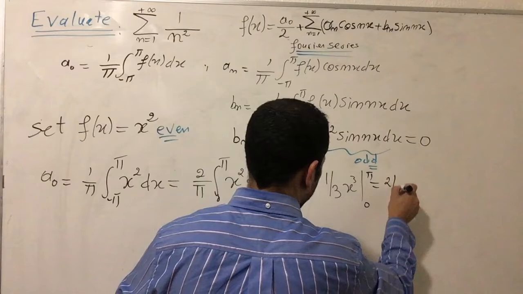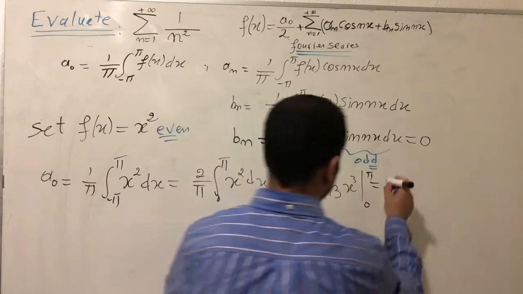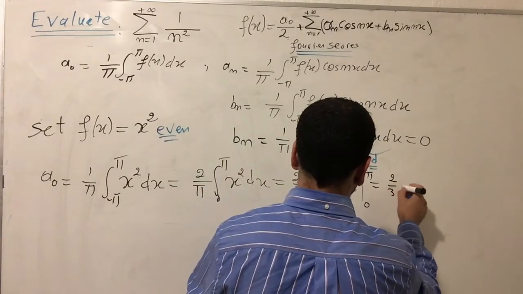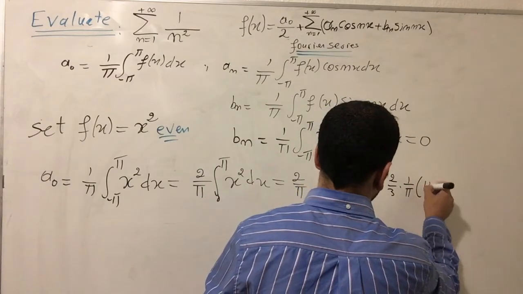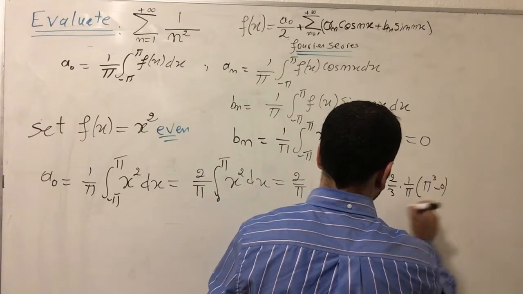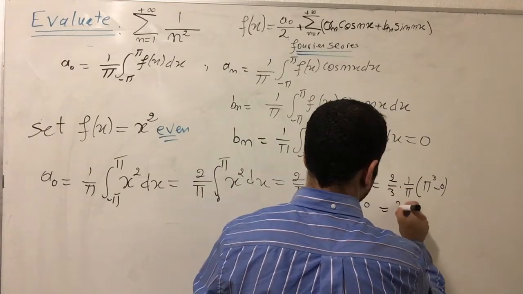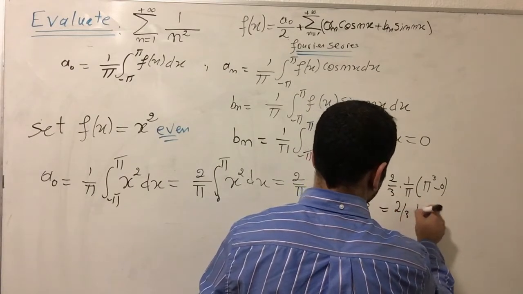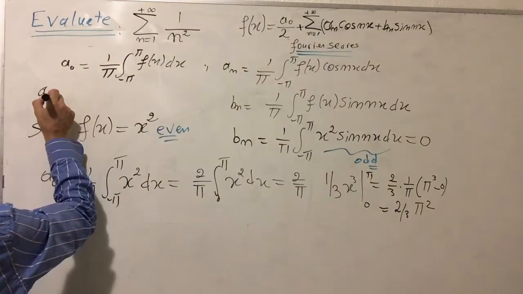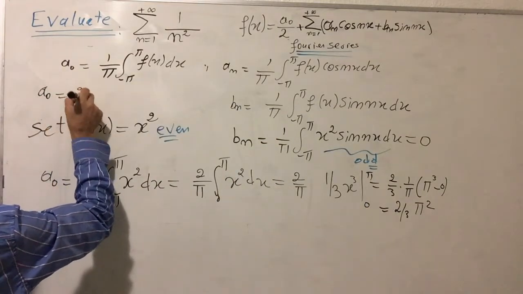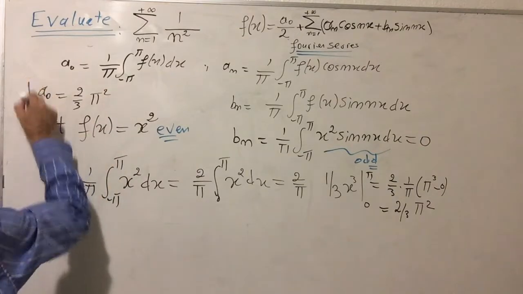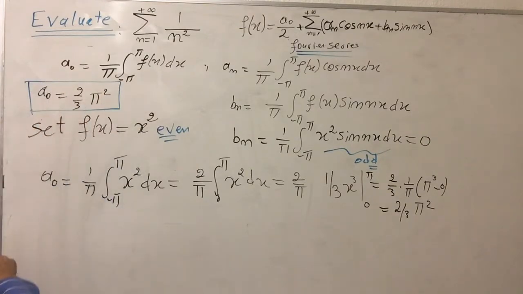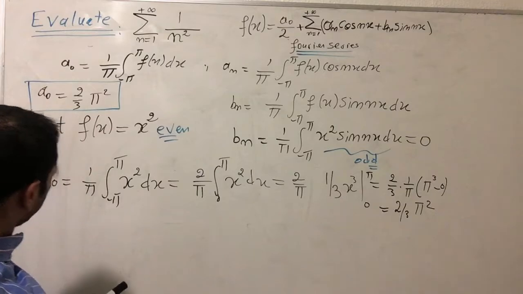This gives us 2 over 3 times 1 over pi, times pi cubed minus 0, which is 2 over 3 pi squared. So a naught equals 2 over 3 pi squared. This is the value of the first one, a naught.